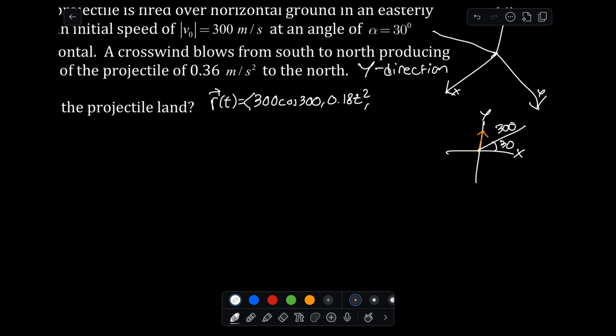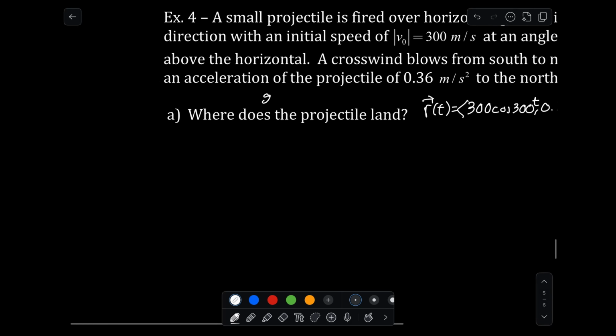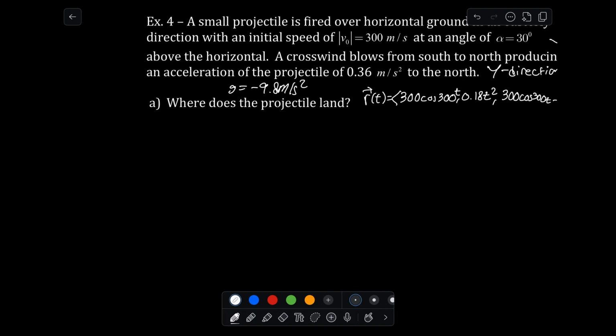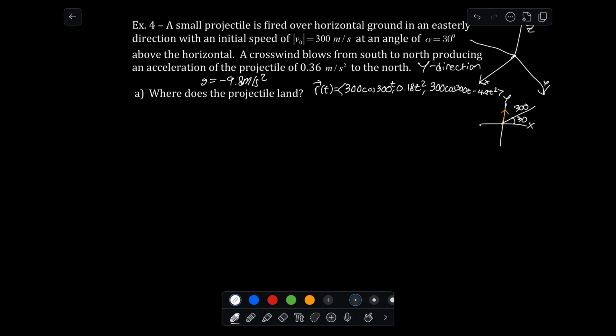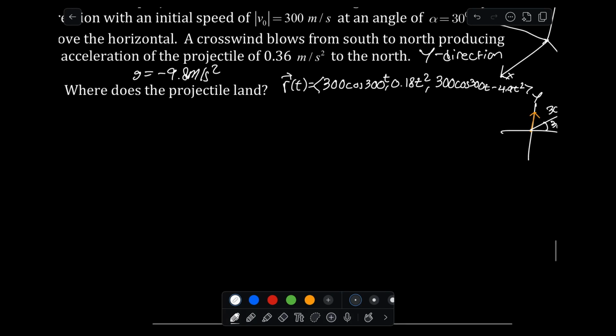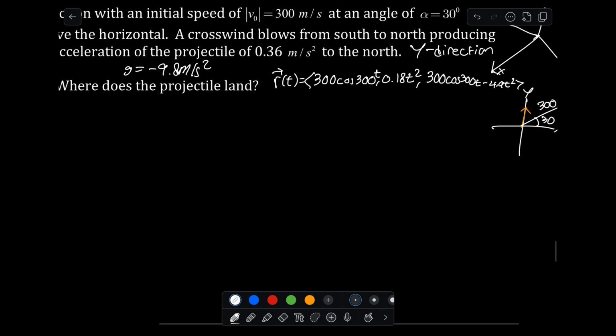And then our z is going to get us 300 cosine 30 t minus 4.9 t squared, and in meters per second, g is going to equal negative 9.8 meters per second squared. So we're going to cover up that real quick, and now we can use this equation to solve for our t.